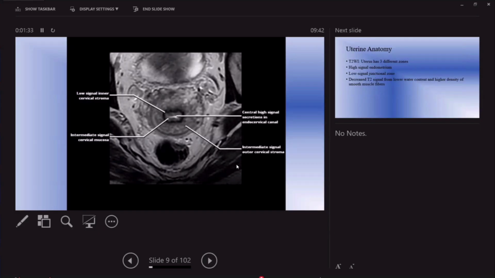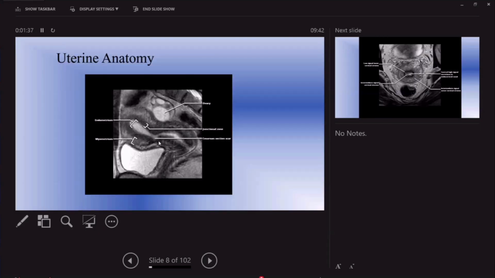If I move lower into the cervix, this is the uterus, this is the cervix, you can clearly identify that the endometrium here, the high signal intensity, is continuous with the high signal intensity endocervical gland. So this is another point that you should memorize: the signal intensity of the cervical gland is bright as well.